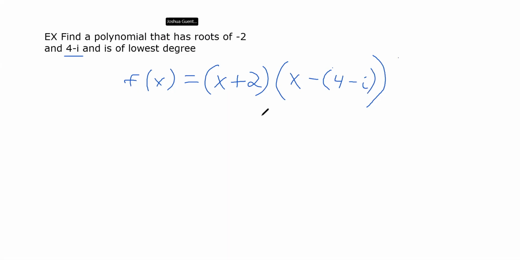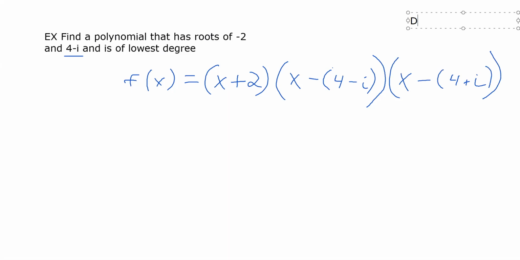So even though it's not been explicitly told to you, this is impossible unless you also include x minus 4 plus i as a factor. So this is due to the conjugate roots theorem. It is simply the case whether we like it or not.